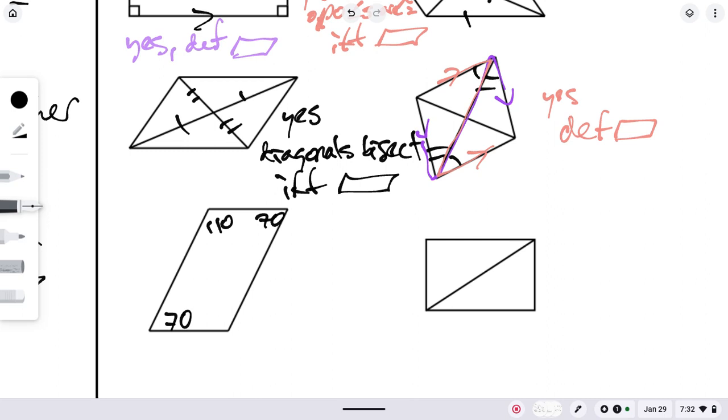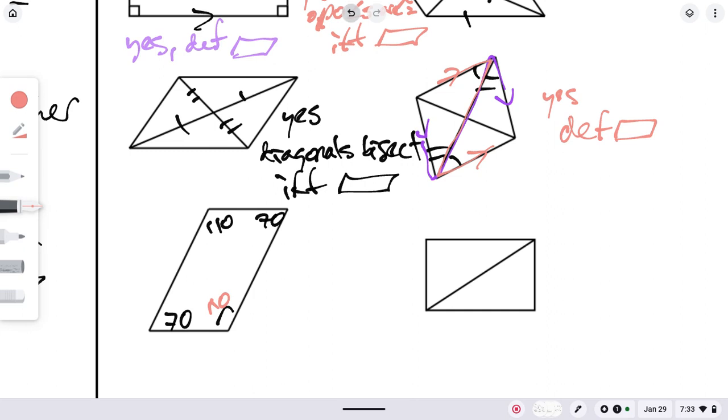You can't do that unless you knew the lines were parallel. So I have to figure out what this angle is, and I have to do it without using any theorems involving parallel lines. But that's actually something I can do, because the sum of the interior angles in a quadrilateral would be 360. So that's why this angle would definitely be a 110, right?